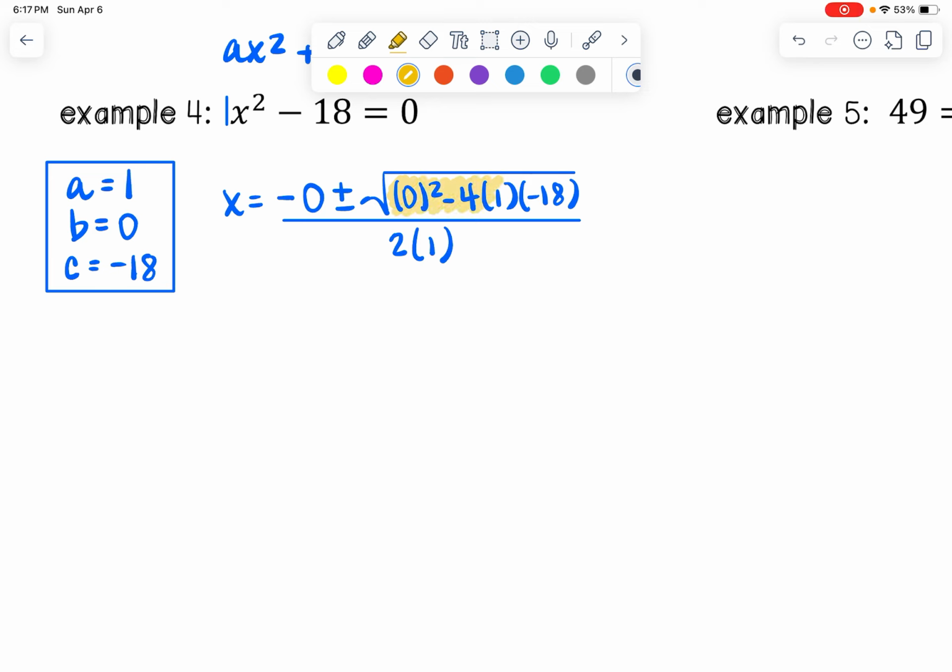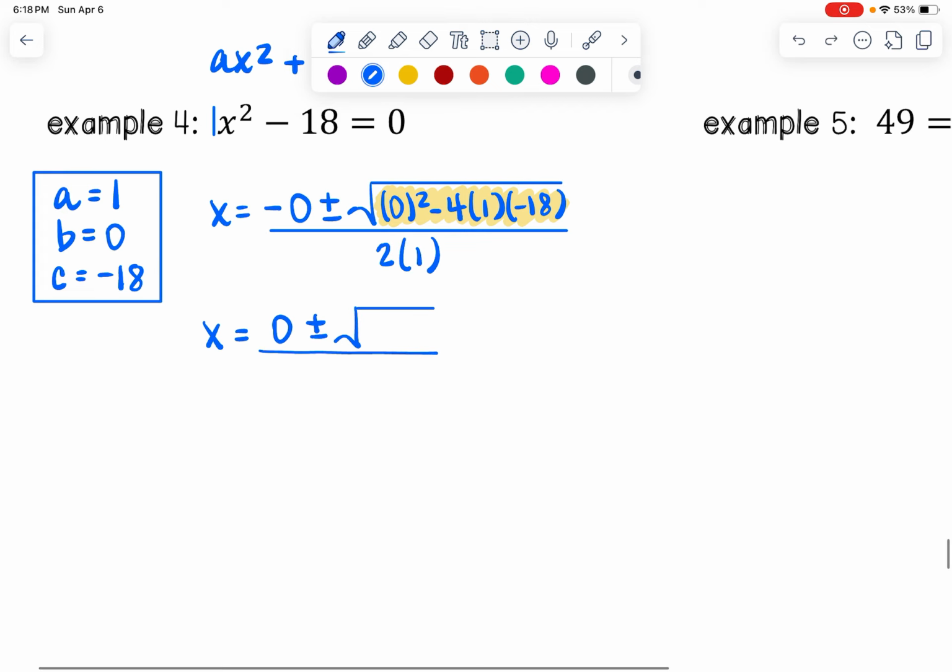All right, so I'm going to take all that stuff. If you want to keep the 0 in there, you can. I'm going to take off the negative, though, because clearly 0 is not positive or negative. So you could also just leave it off. It's very redundant to be in the front there. I'll take it off here in a few minutes, though. I don't want to do it right this second. So 0 plus or minus, I just want a straight line. There we go. All over 2.